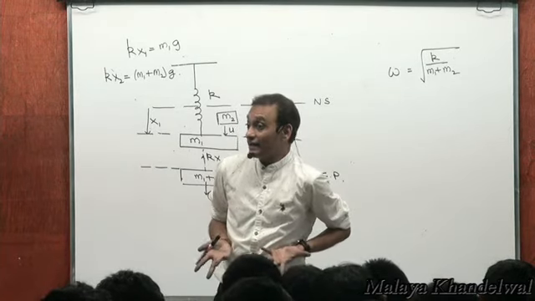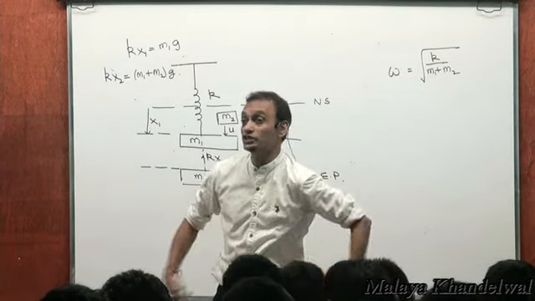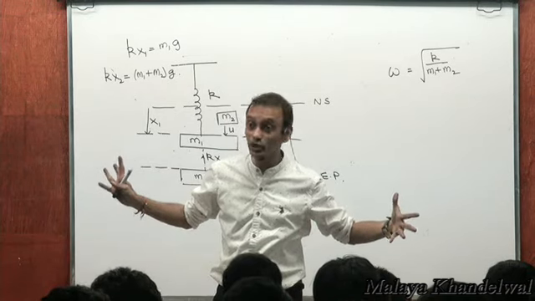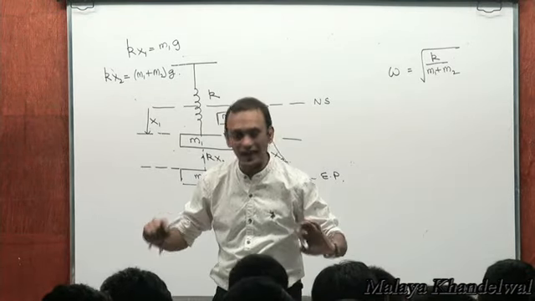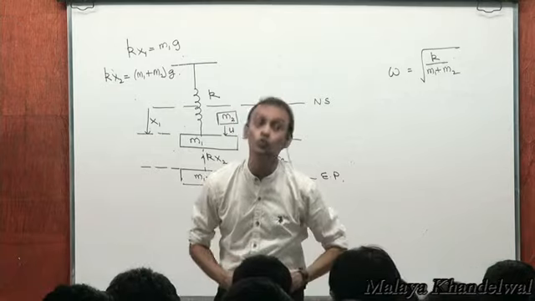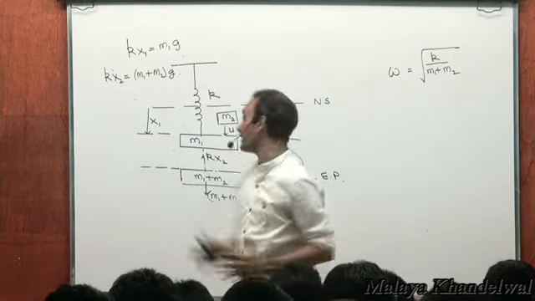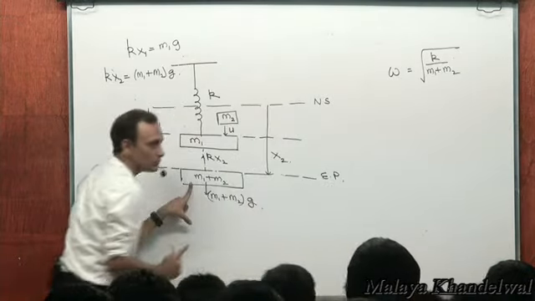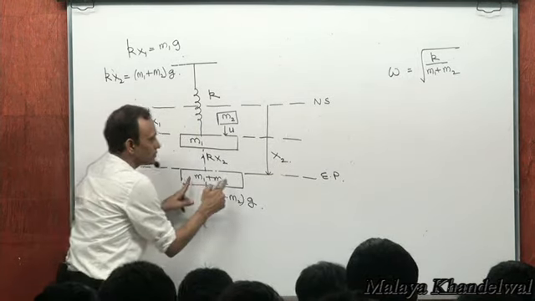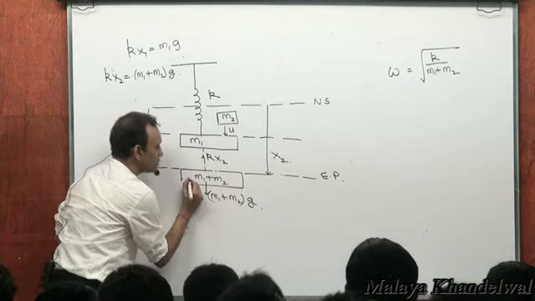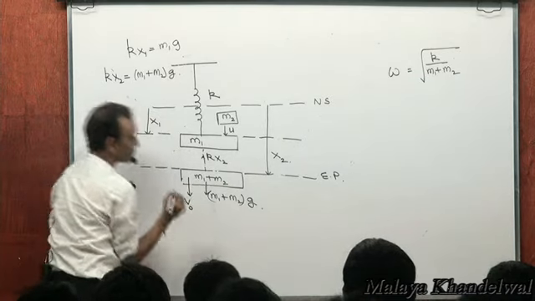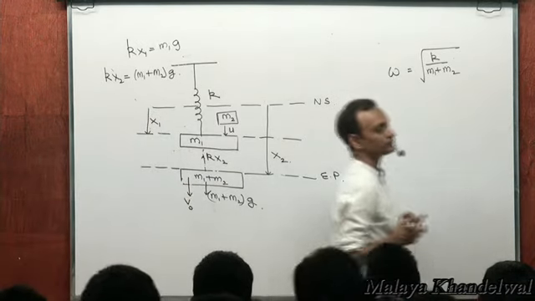So if I can find the kinetic energy at the mean position, that will be the total energy of oscillation. Say by the time the oscillator attains its equilibrium position, its velocity becomes v naught. Okay?